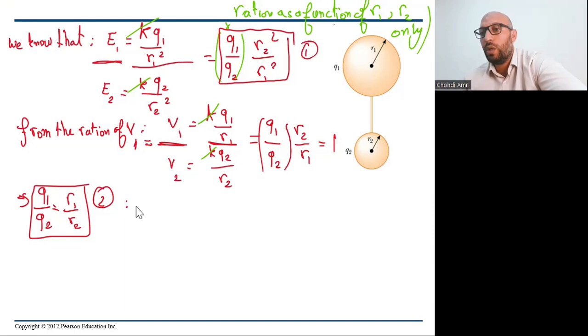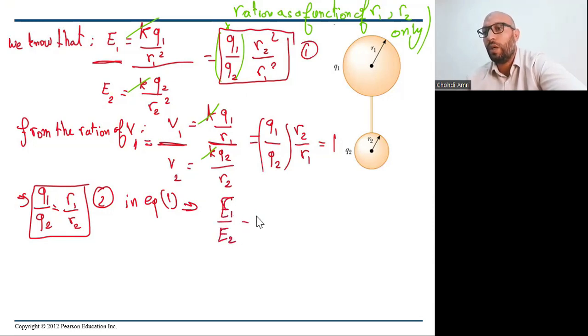We can substitute equation 2 into equation 1. Q1 over Q2 is R1 over R2, so E1 over E2 will be equal to R1 over R2 multiplied by R2 squared over R1 squared.